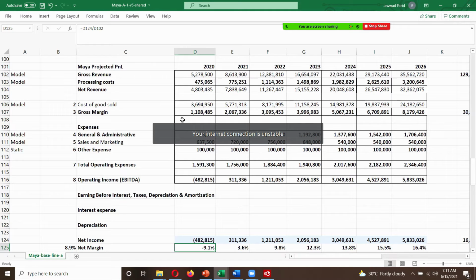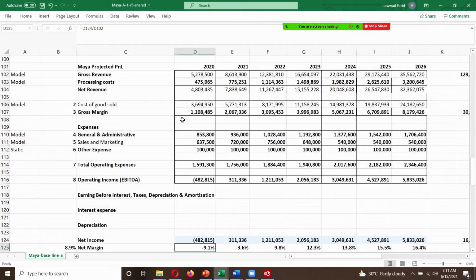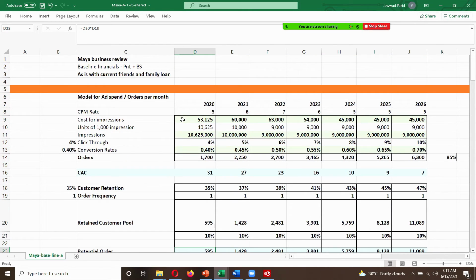But the second part, and that's an equally important part, is how strongly do we believe in the model? How strongly do we believe in the recommendations made by the model, right? And that belief is a function of how strongly we believe in the inputs, the various inputs we've plugged in.